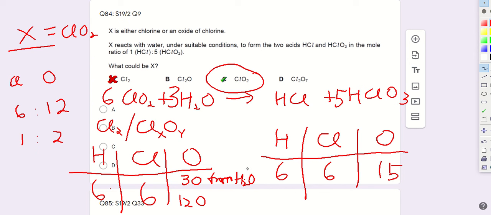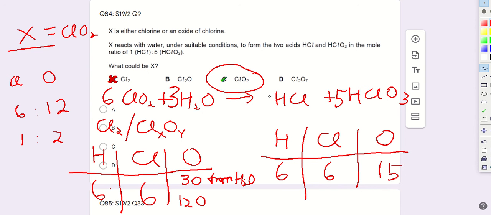If in the exam you cannot think of this method, the worst case scenario is you have to do the trial and error method. That means you substitute Cl2, Cl2O, ClO2, Cl2O7 into this equation and see which one gives you the mole ratio of 1 HCl and 5 HClO3.